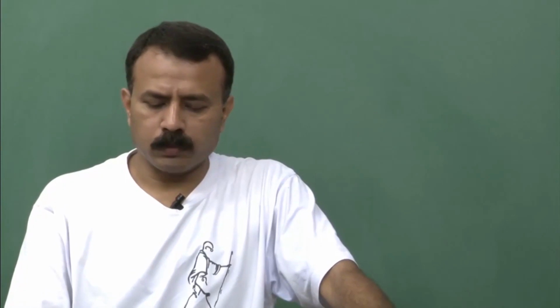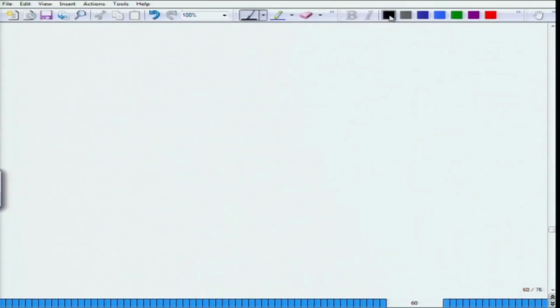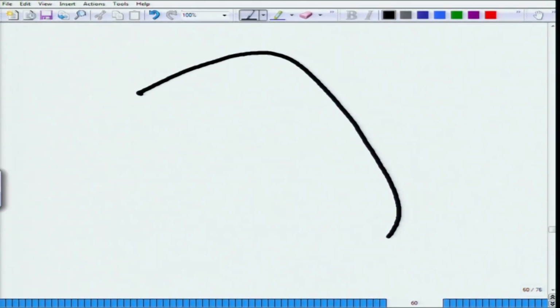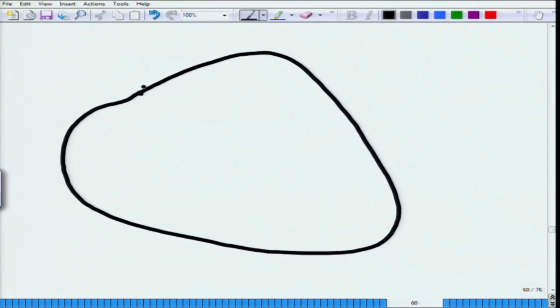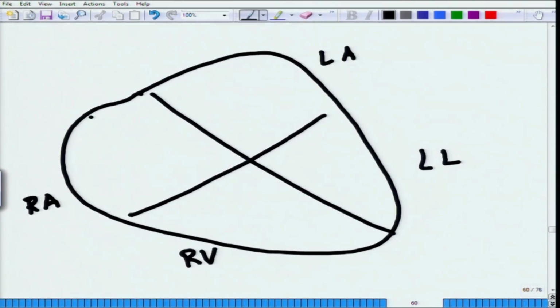Okay. So, moving back, if I redraw the circuit, these are the right atrium, right ventricle, left atrium, left ventricle, and this is where in the last class we talked about the SA node, and the SA node has this whole circuit.